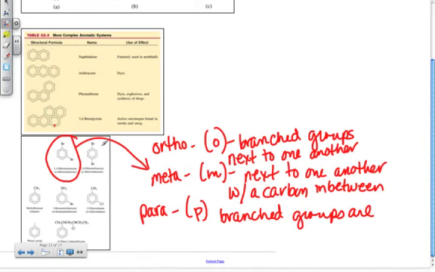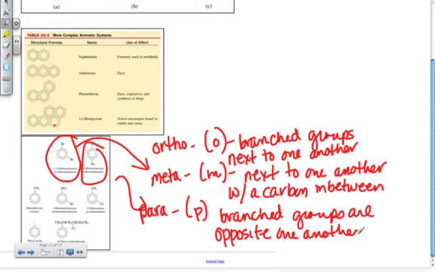So in the one next to it, you have P-dibromobenzene. This is your P. Branch groups are opposite. Okay.